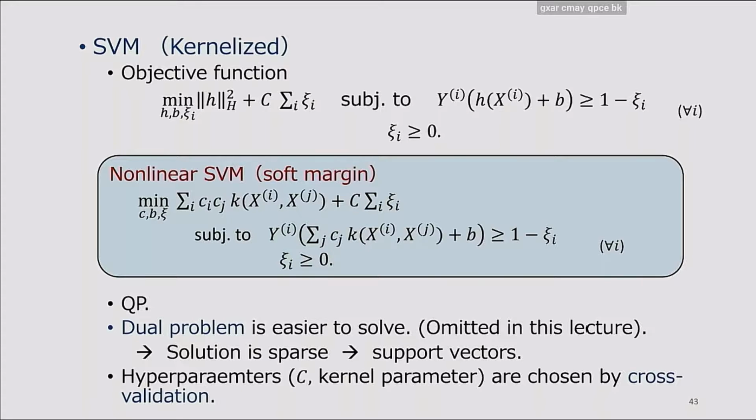And this is a linear term as in the previous case. And this inequality involves Gram matrix, but still this part is a linear function of Cj, and the other part is linear in terms of B and Z. So this is again the linear constraints. So as in the linear support vector machine, the nonlinear support vector machine can also be solved by the quadratic program.